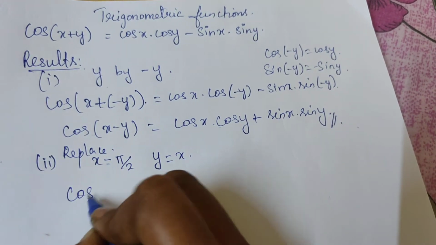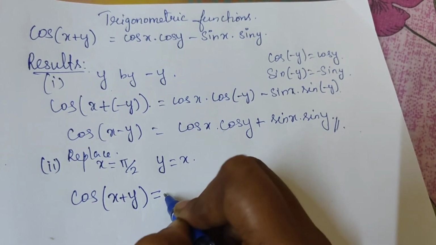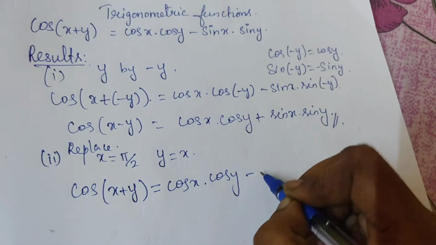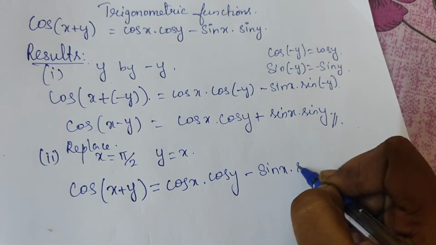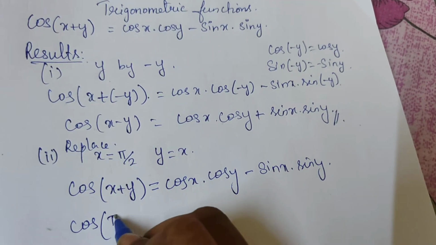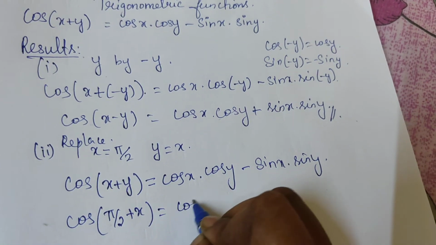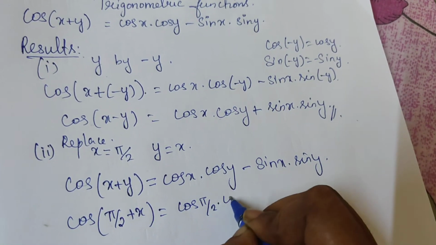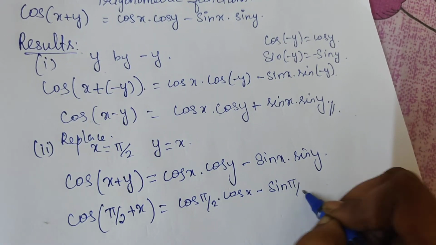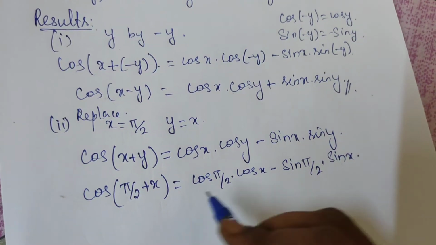The proven identity is cos x cos y minus sin x sin y. Now we replace x as pi by 2 and y as x. So we will get cos pi by 2 cos x minus sin pi by 2 sin x. After replacing we will get like this.